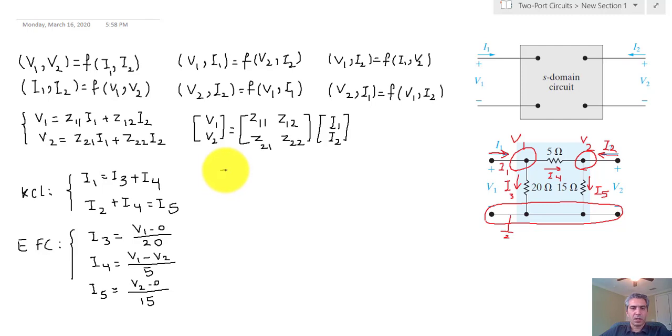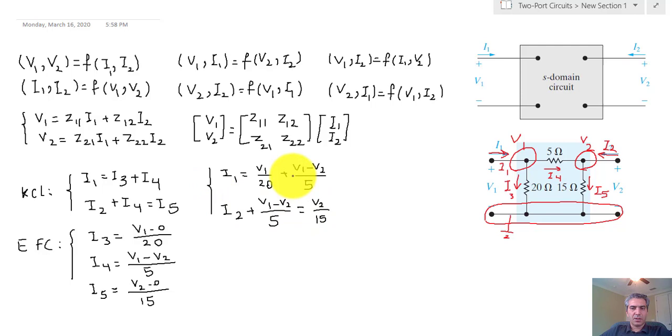So I1 is equal to V1 divided by 20 plus (V1 minus V2) divided by 5, and I2 plus I4, which is (V1 minus V2) divided by 5, is equal to V2 divided by 15.